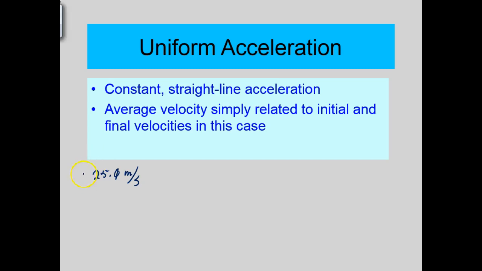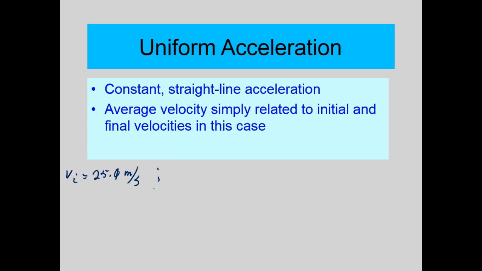Yes, exactly. Now, which velocity do you think this is? Let's read the problem a little further. Comes to a stop in 10 seconds. So guess which velocity this one is? That's your initial, because later you come to a stop.